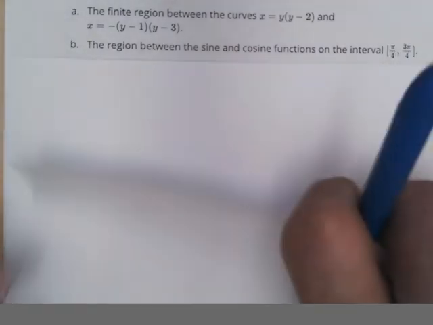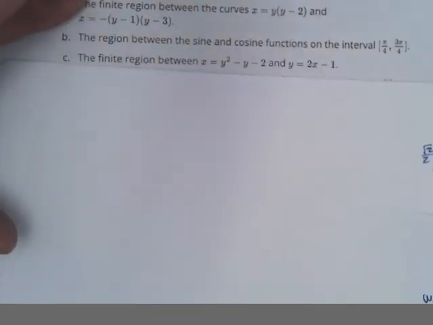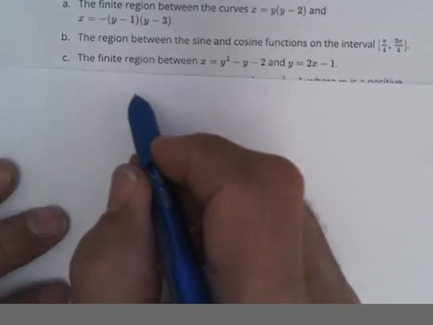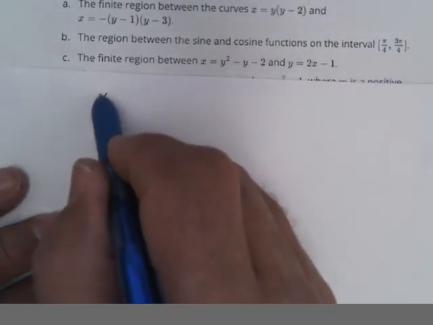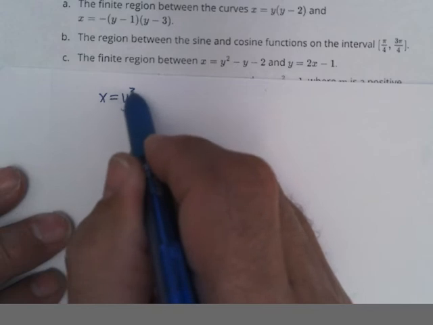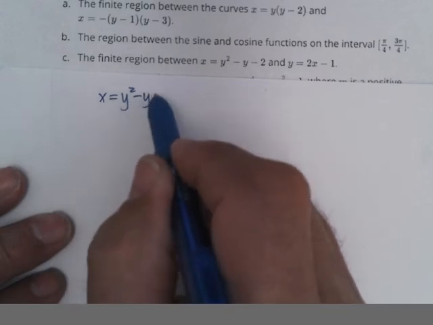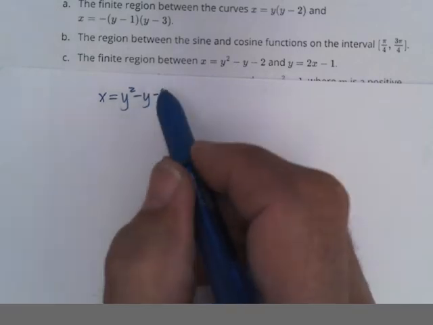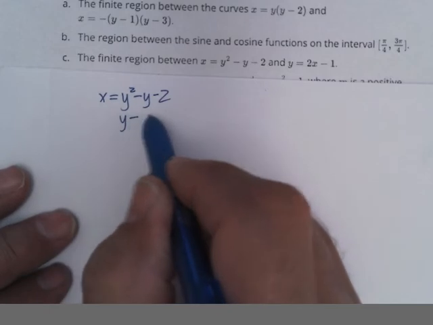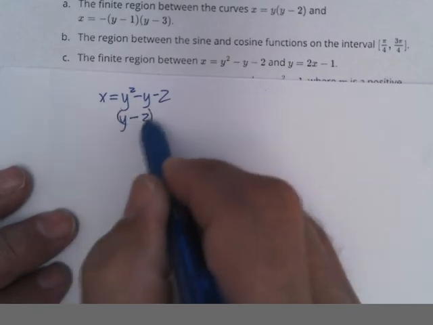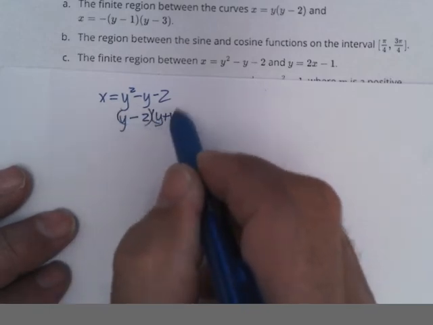All right. Next one, between these two. So this factors, and that factors to y minus 2, y plus 1.